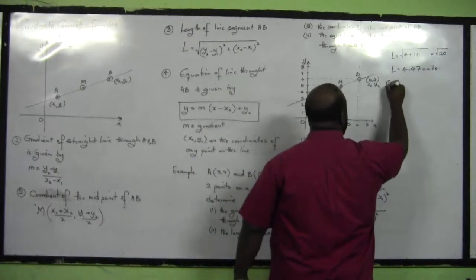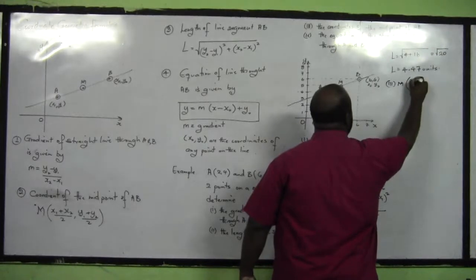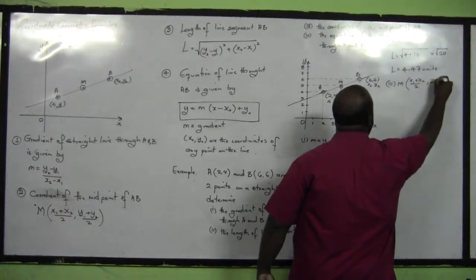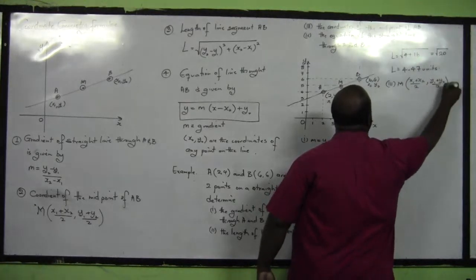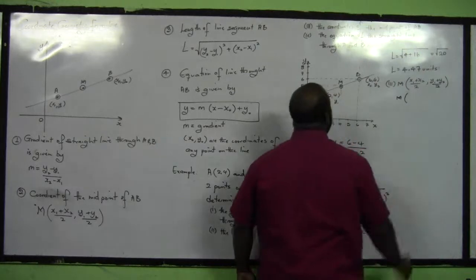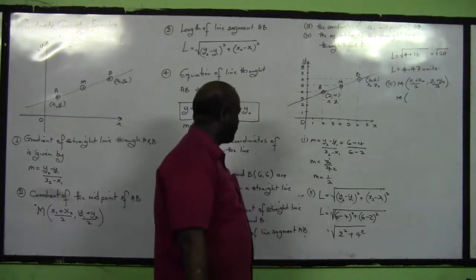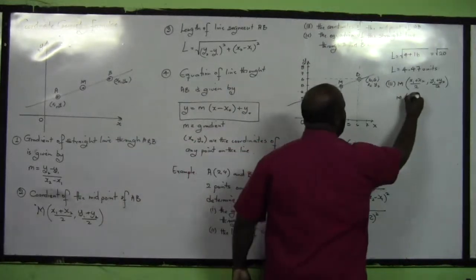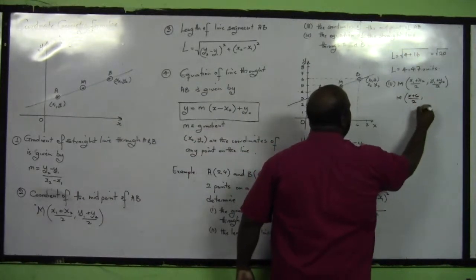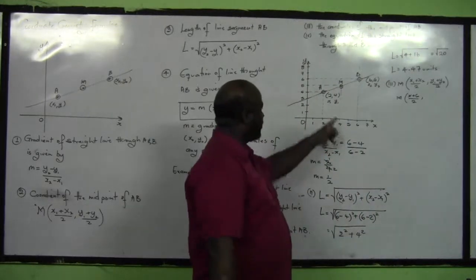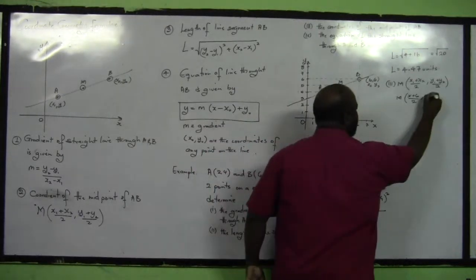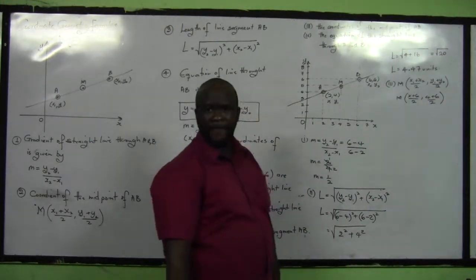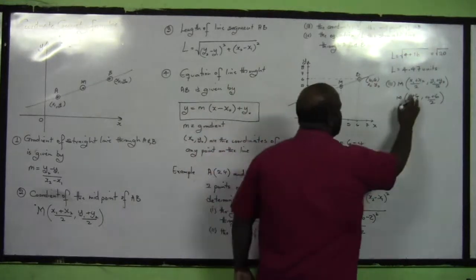Part iii. M is the point (x1 plus x2 over 2, y1 plus y2 over 2). What is x1? 2. What is x2? 6. So this is 2 plus 6 over 2, comma, 4 plus 6 over 2.